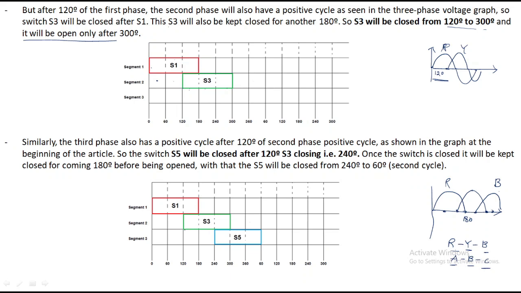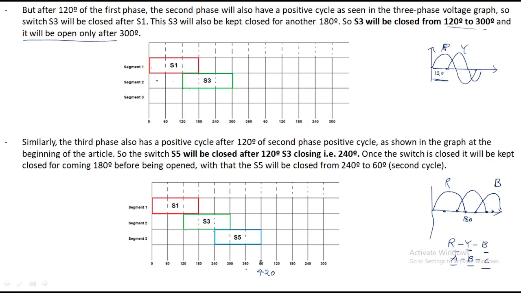So after the starting of the second switch, after 120 degrees, means 120 plus 120, 240. So at 240 S5 will be started, but the switch will be conducted up to 180 degrees. That means 240 plus 180, it will be up to 420.